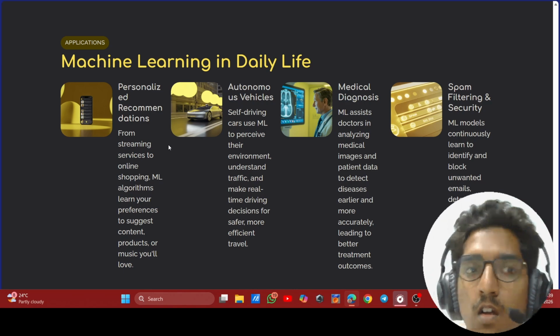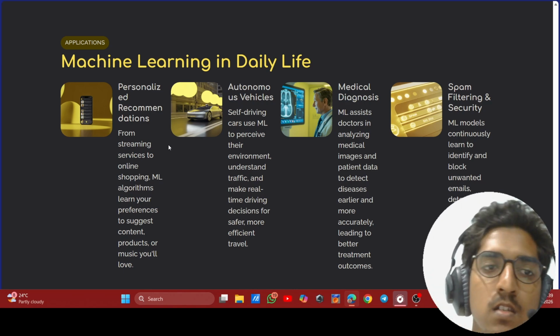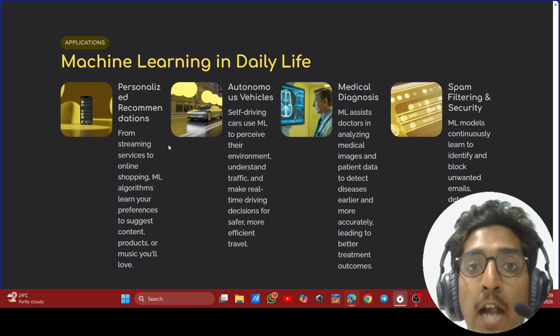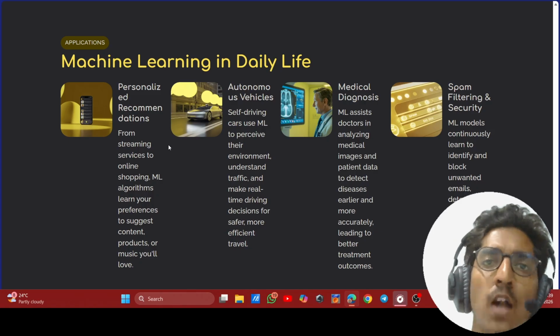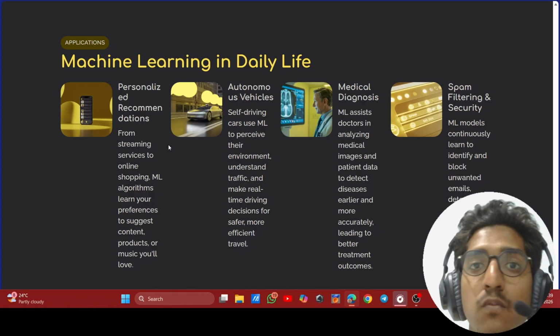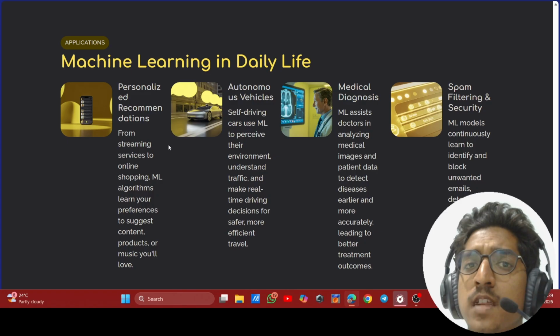Okay, and the next example I would say is autonomous vehicles. So, what do you mean by autonomous vehicles? Autonomous vehicles means self-driving cars. For example, Tesla.